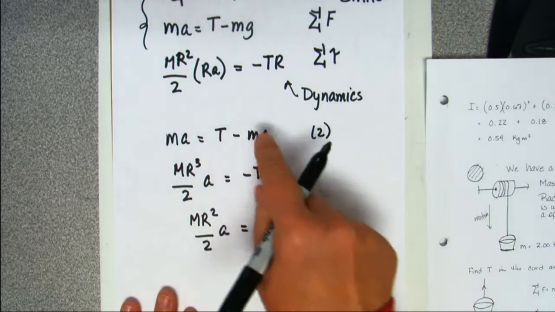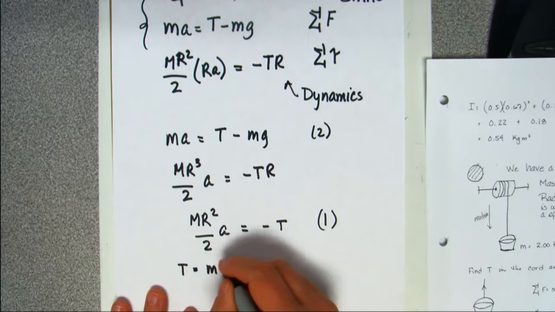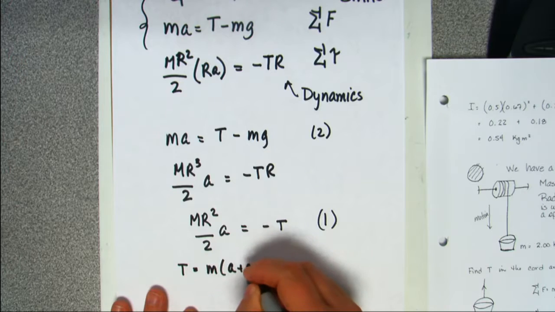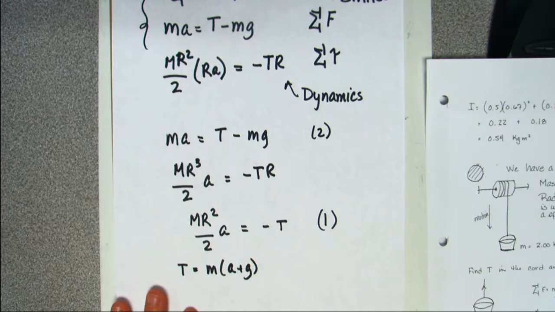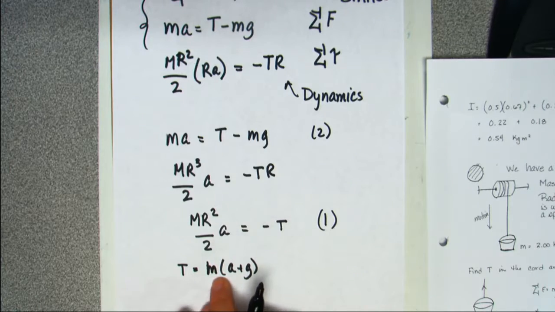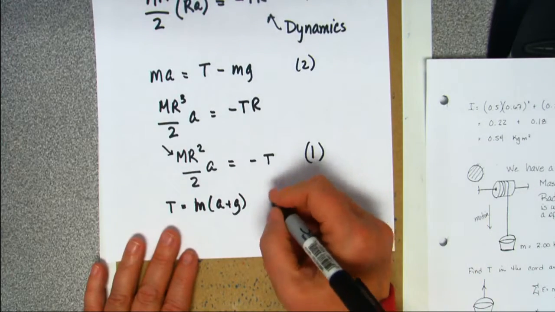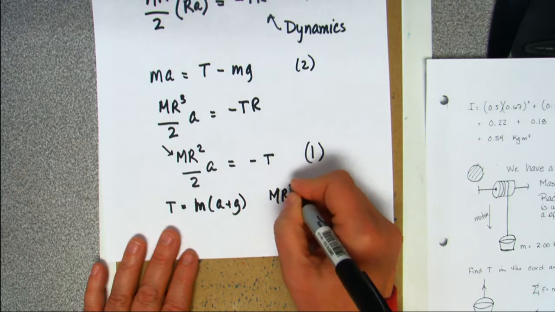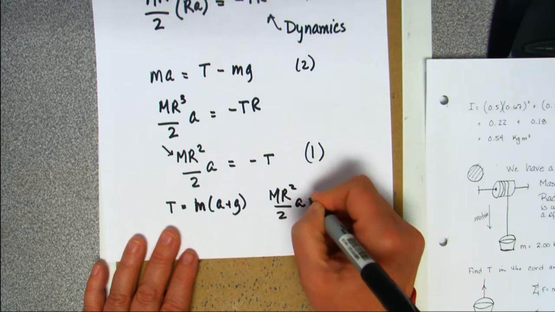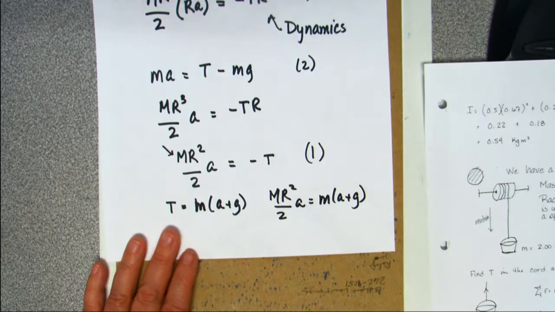If I go ahead and solve for T there, I get T is equal to m(a plus g). These m's are different. This is the mass of the bucket. That's the mass of the cylinder. So I can plug that into the equation, and so I get Mr squared over 2 times a is equal to m(a plus g).